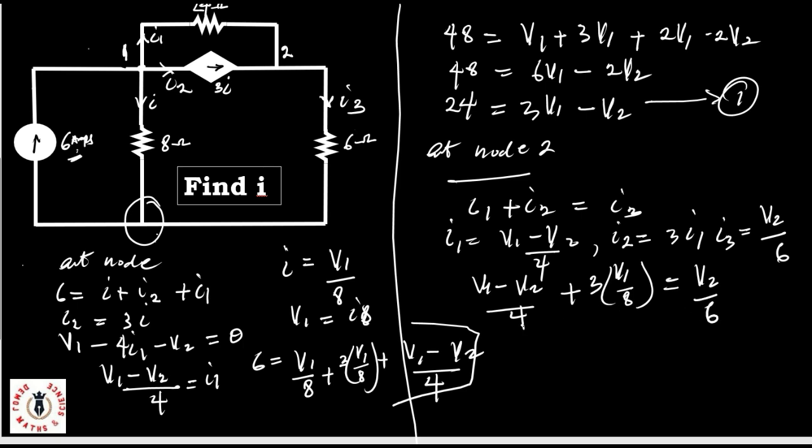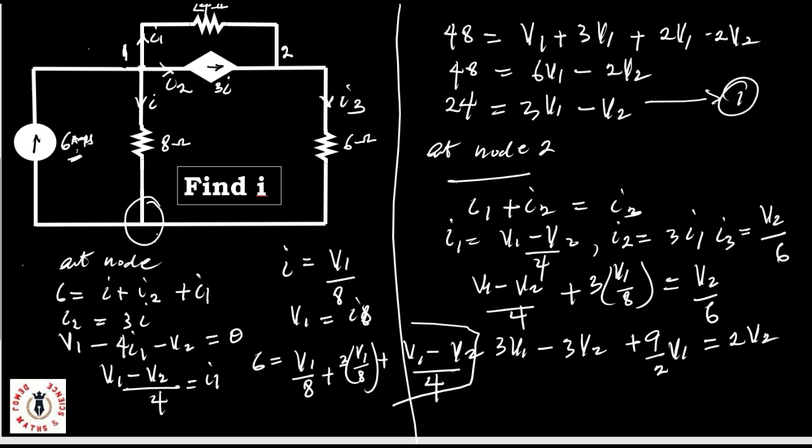Now we have an equation with denominators 4, 8, and 6. I prefer to multiply through by 12, so that this becomes 3V1 minus 3V2 plus, multiplying this by 12, 4 goes in and I'll be left with 3, 3 times 3 is 9, so 9 over 2 V1, is equal to 2V2, multiplying 1 over 6 by 12.